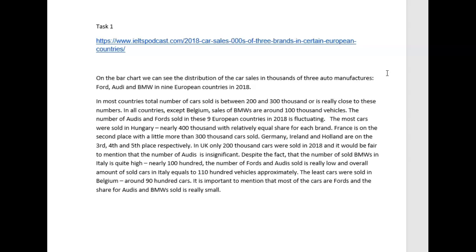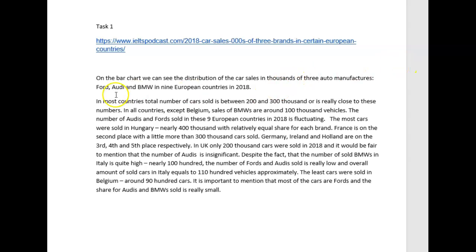You just want to say that there is a wide range of figures for the Audis and Fords sold. Yeah, I guess you could have said there is considerable variation in the number of sales. I guess that makes sense. But definitely not fluctuation, which implies that there's change happening over time. Like I said, I have a question mark in my head about variation. I want to double check, but fluctuation is certainly wrong here.